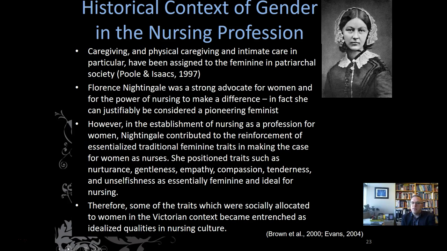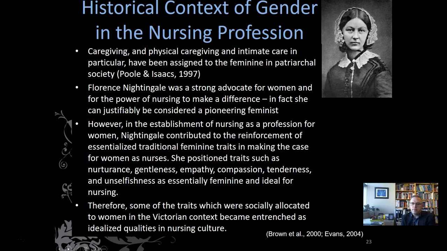She positioned traits like nurturance, gentleness, empathy, compassion, tenderness, and unselfishness as essentially feminine and ideal for nursing. And certainly we don't have to go very far to see some of these things being emphasized in terms of how people feel nurses should be. And we certainly see a lot of stereotypical things being posted online as well, around these ideas about nurses as angels and all these kinds of things.